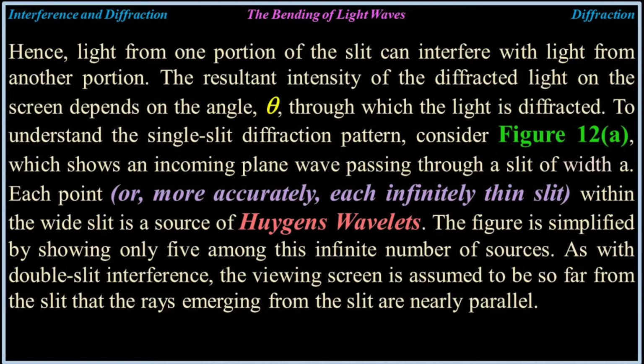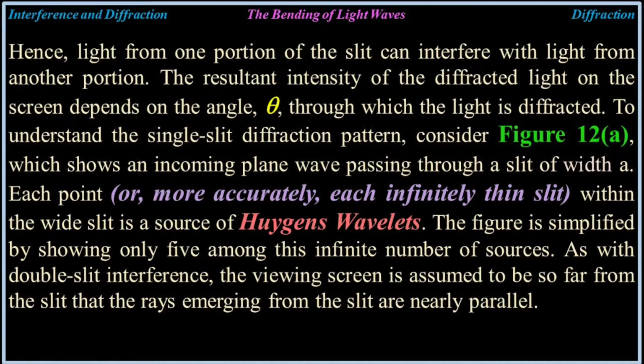The resultant intensity of the diffracted light on the screen depends on the angle theta through which the light is diffracted. To understand the single slit diffraction pattern, consider Figure 12a, which shows an incoming plane wave passing through a slit of width a.